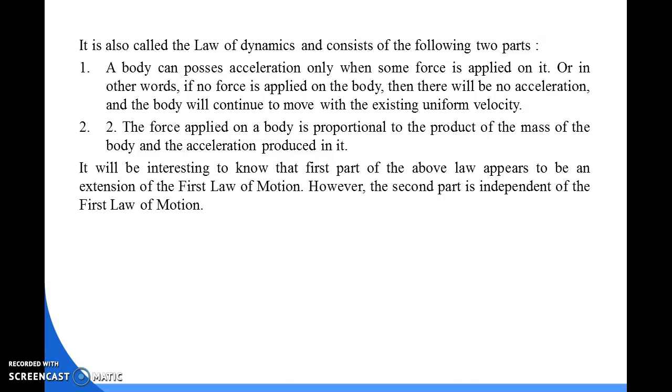In the second part, the force applied on a body is proportional to the product of the mass of the body and the acceleration produced in it. It is interesting to know that the first part of the above law appears to be an extension of the first law of motion. However, the second part is independent of the first law of motion.